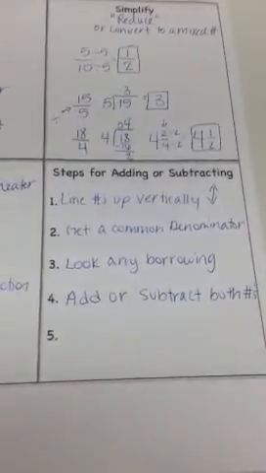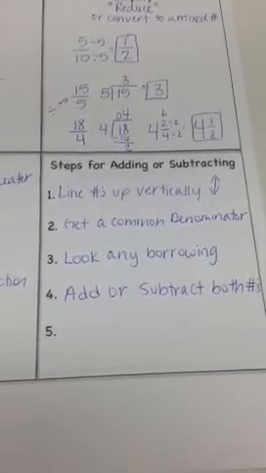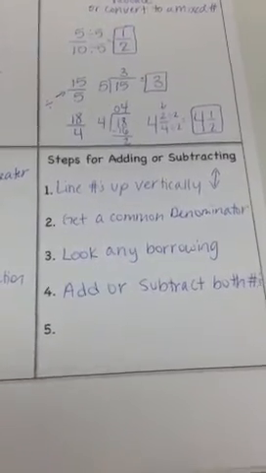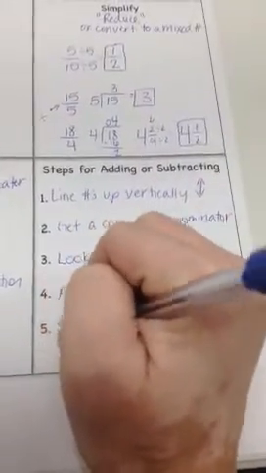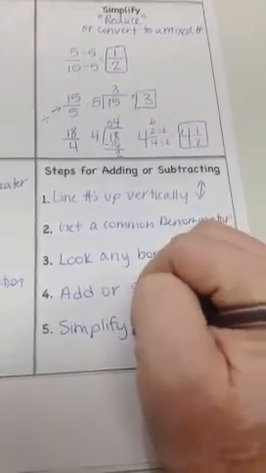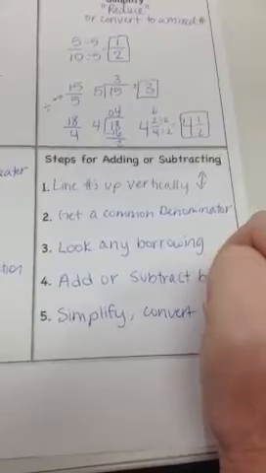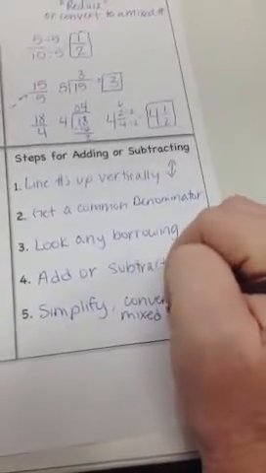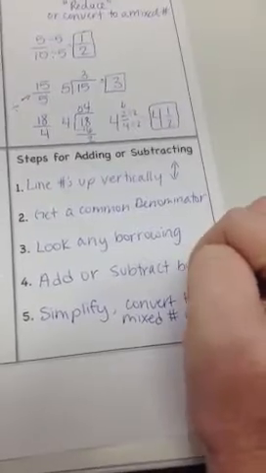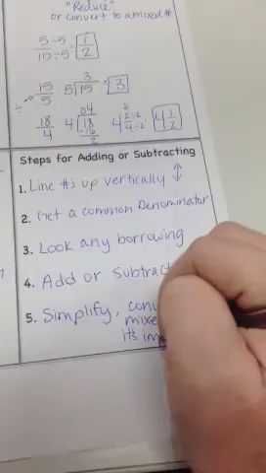Your whole numbers and your fractions. Go ahead and add them or subtract them. You should have already borrowed in step 3. Then step 5 is simplify. That also means convert to mixed number if necessary. Convert to mixed number if it's improper.